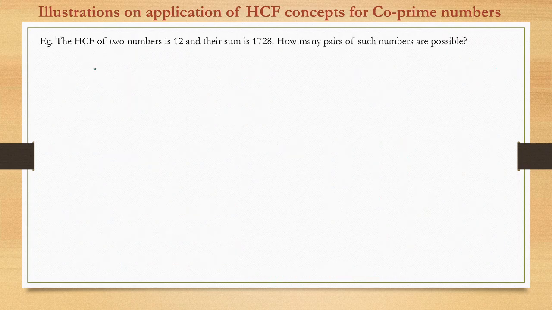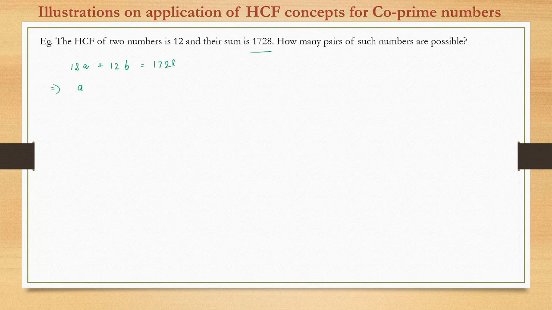Now, a different sort of question we take here. The HCF of two numbers is 12 and their sum is 1728. So we know those two numbers can be 12a and 12b, where a and b are co-prime to each other, and the sum is nothing but 1728.